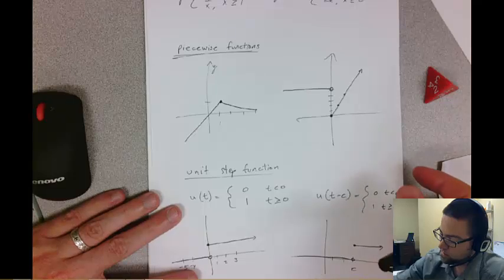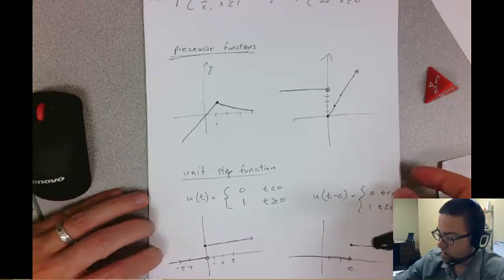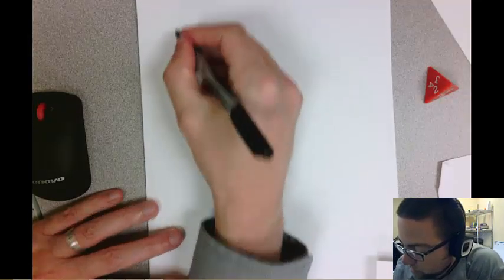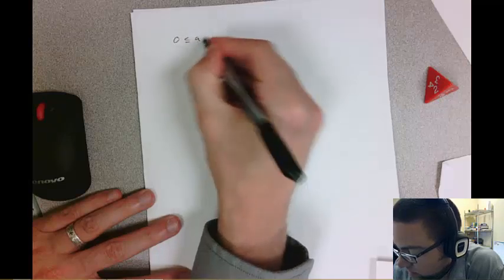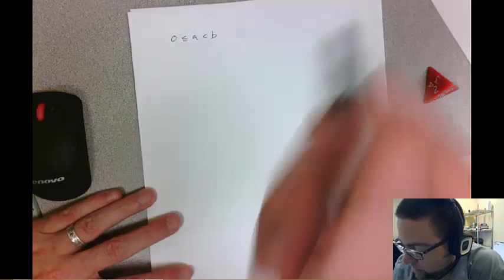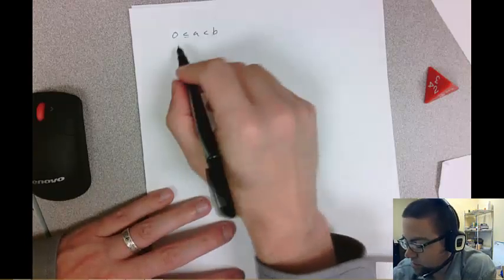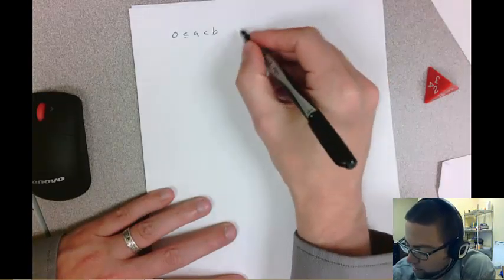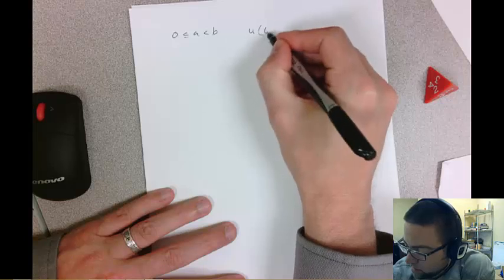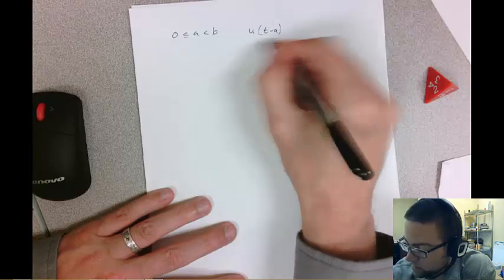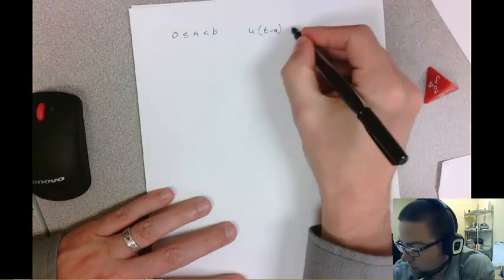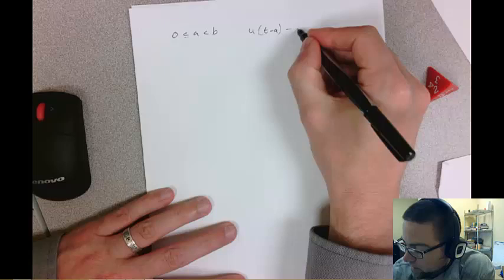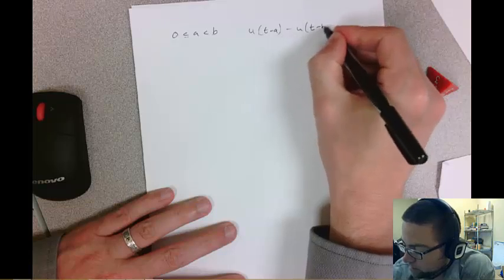There is also what's called the unit box function. Let's have two variables here. We have 0 less than or equal to a, which is strictly less than b. It turns on and then turns back off again, and it's u of t minus a, so that's when it's going to turn on, and it could be 0, so it could turn on at 0, minus u of t minus b.